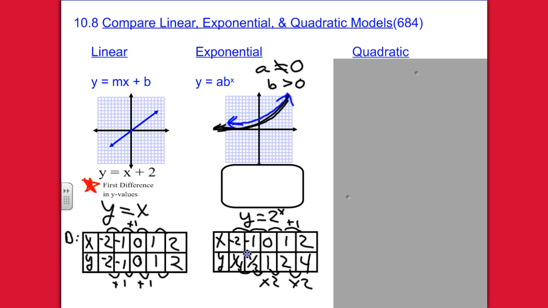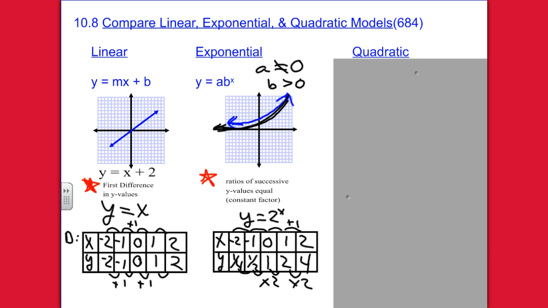Actually, 1/4 to 1/2 equals 1/2 to 1 equals 1 to 2 equals 2 to 4. All those ratios are equal. So ratios of successive y values are equal, or you could just say constant multiplication, constant factors.